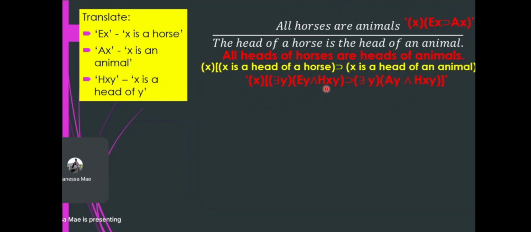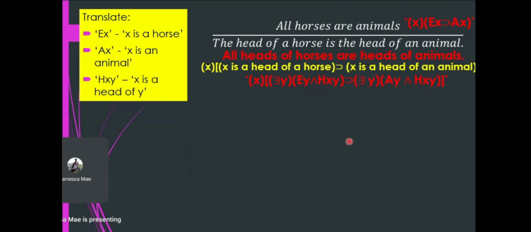HXY, X is the head of a horse. EY represents Y is a horse, and HXY means X is the head of Y. That implies there exists Y such that AY, so Y here is an animal and X is the head of the animal.